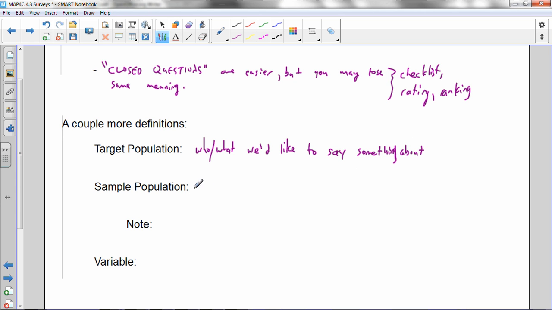The sample population, the sample is who we actually talk to, who we actually get surveys back from. People we actually survey. Note that if these two things don't match, we get what's called bias.